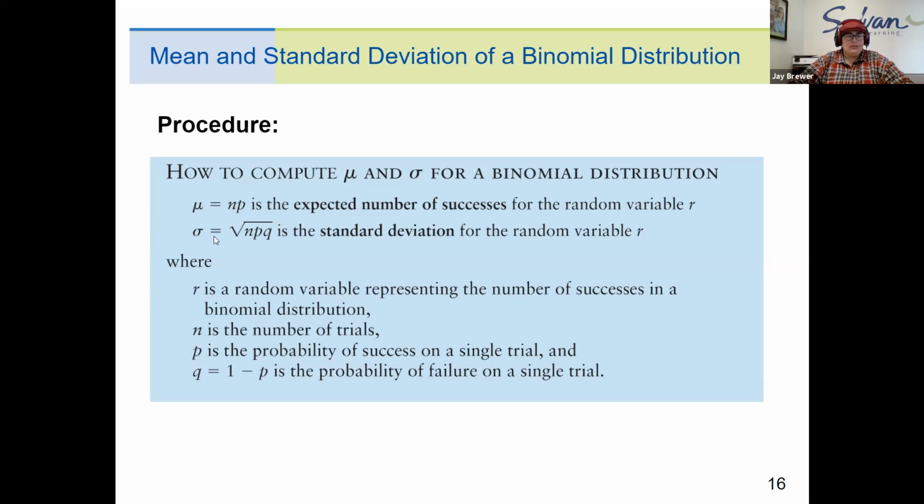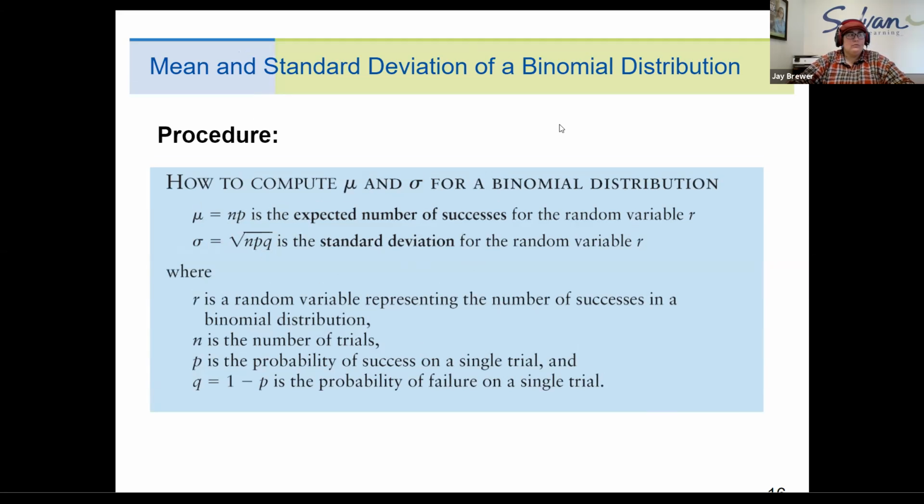And the standard deviation again is a little different: you'll take the square root of n times p times q. This one is a lot easier to calculate than the other ways you've done it in the past.